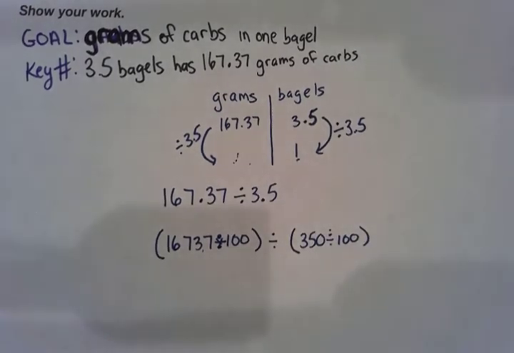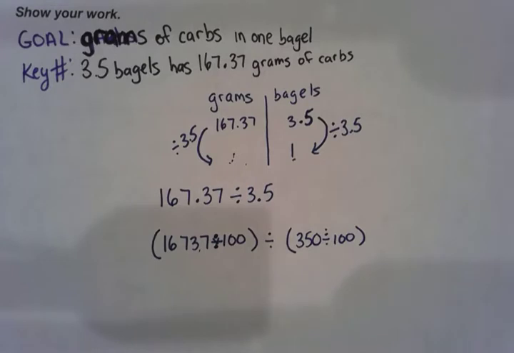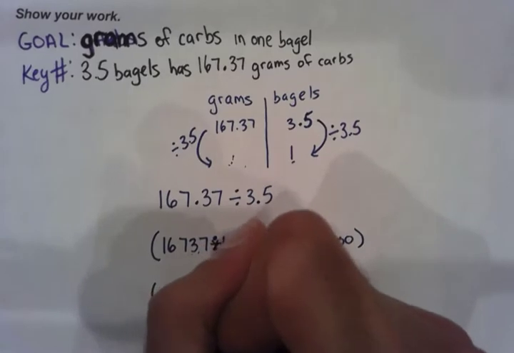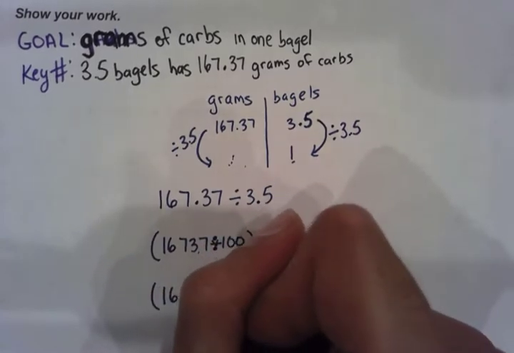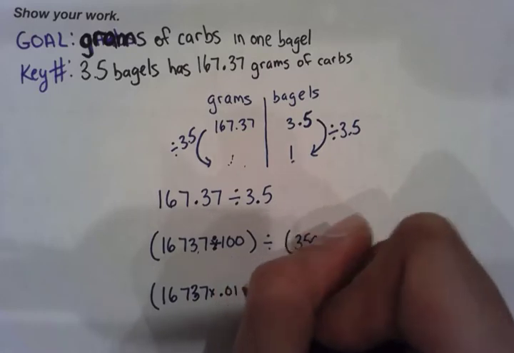And we're still going to divide these two numbers. But I also know that dividing by 100 is the same as multiplying by 0.01.